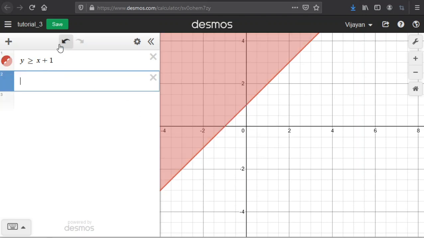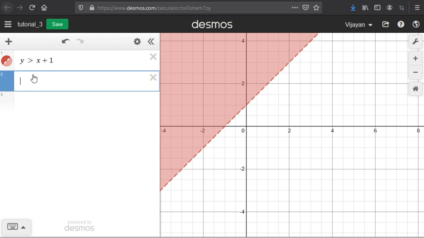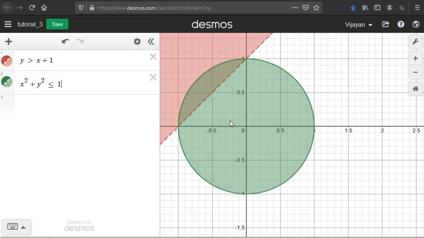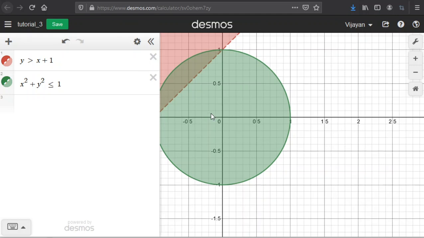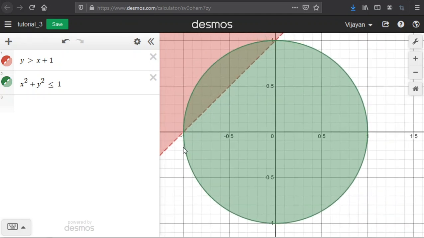Suppose another inequality. This was from before, y is greater than x plus 1. And now suppose another inequality I want to add, that is x square plus y square is less than or equal to 1. This is a circle.